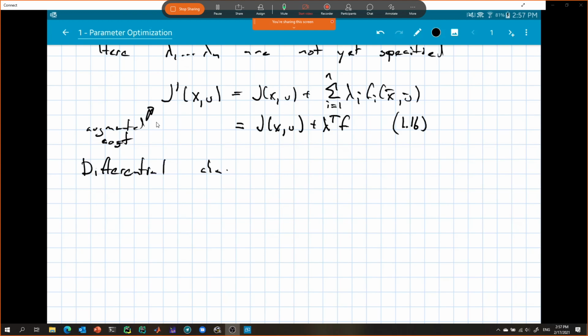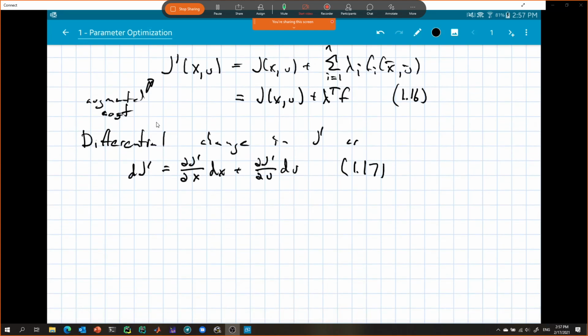Differential changes in J prime are dJ prime, as you can expect, the partial of J prime with respect to x dx plus the partial of J prime with respect to u du. That's 1.17.